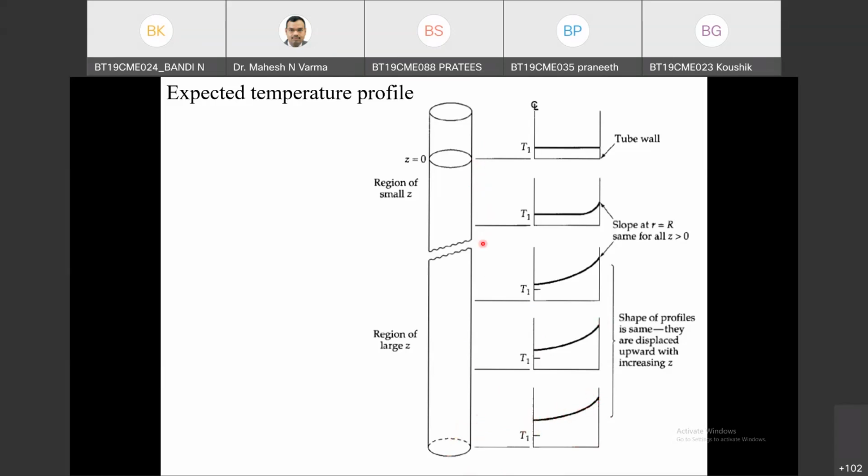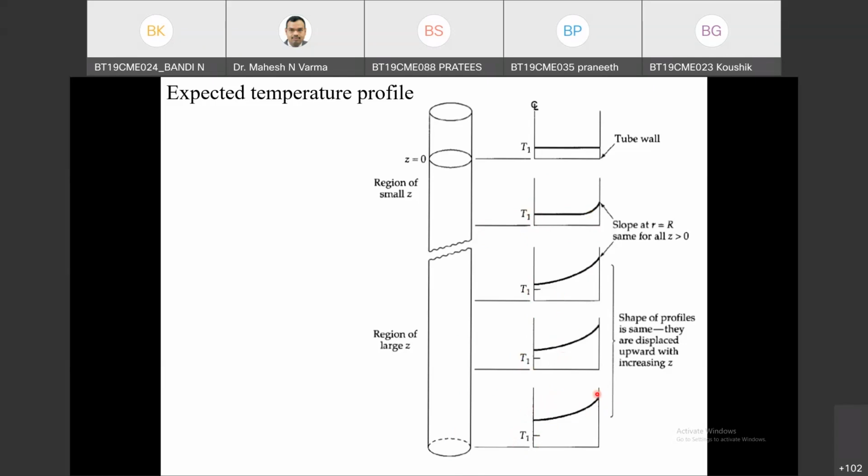Say the length is 100 meters, or maybe say the length is 1 centimeter, where maybe the profile is not set. After 100 meters you will get this temperature profile, after 200 meters this profile, after 500 meters this profile, and as you go on increasing the length of the tube, the average, minimum and maximum temperatures keep on increasing with the length of the tube.